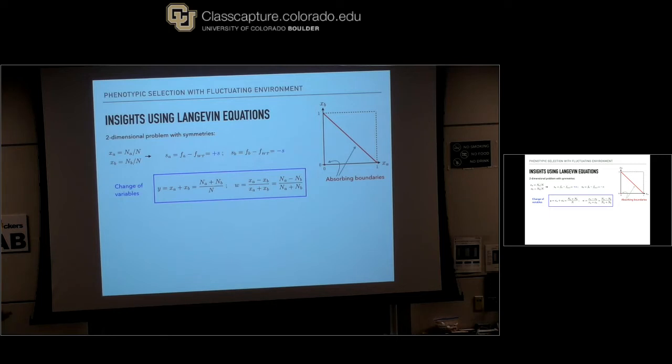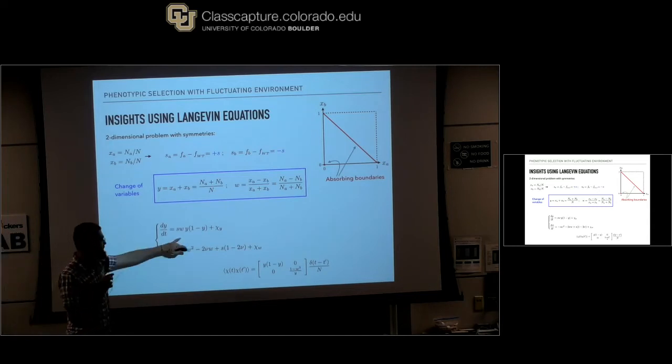And if you do that, nice things come out. And so these are the Langevin equations. This is the sum dynamics, and it has this time-dependent effective fitness, which is coming from this asymmetric variable, the difference divided by the sum. And the other nicety is that obviously if these are the right variables, your covariance matrix diagonalizes.